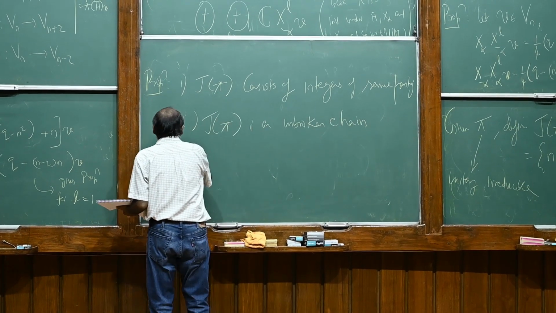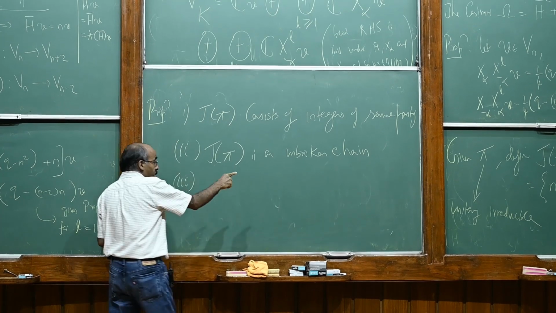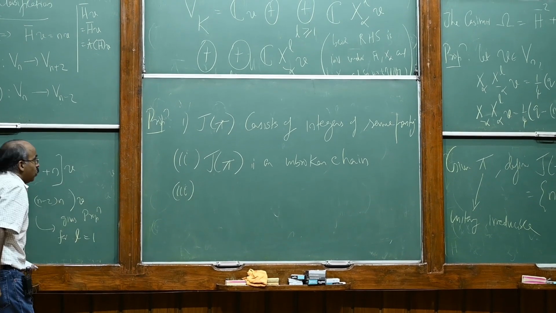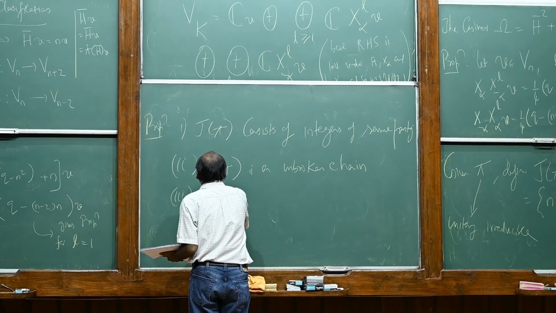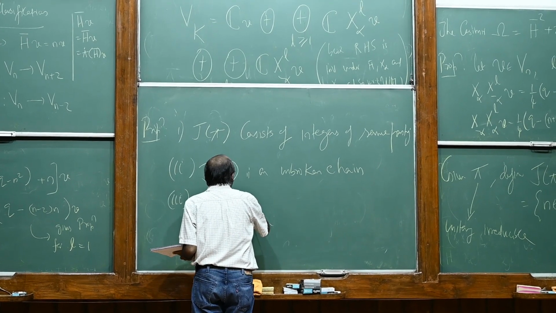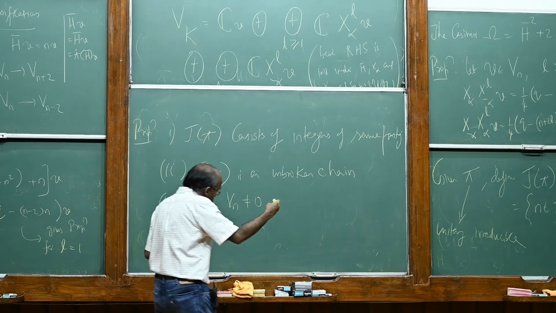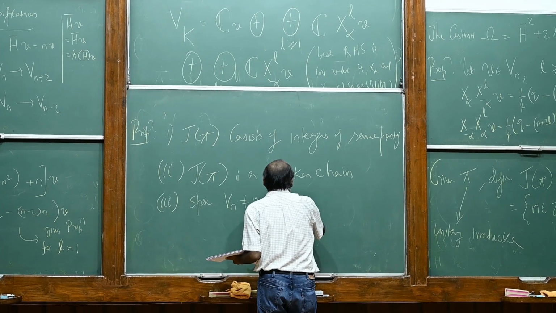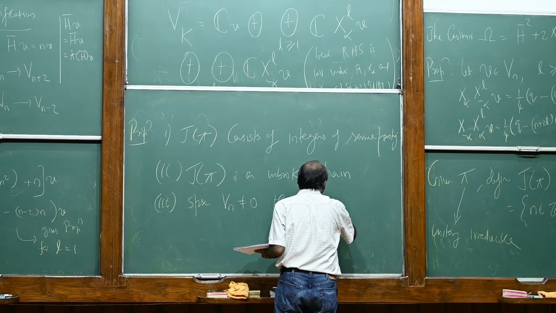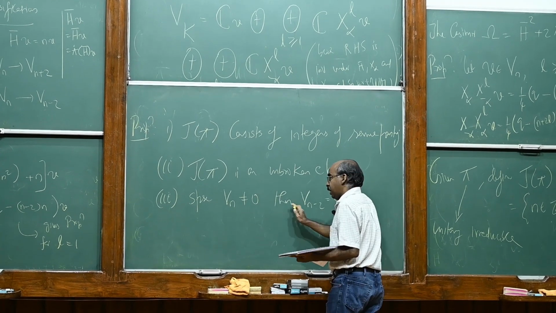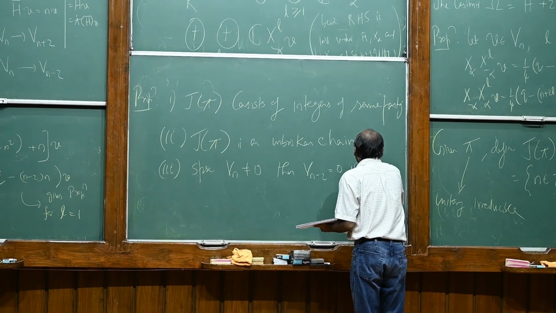3, again because of the proposition and the q value and all that. Suppose I know that some Vn exists, some Vn is not 0, then Vn minus 2 equal to 0. So that means it ends there if and only if.